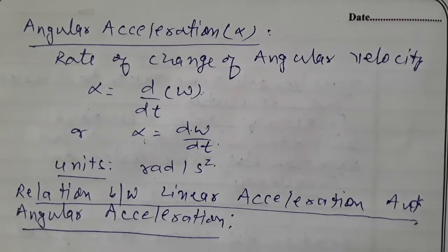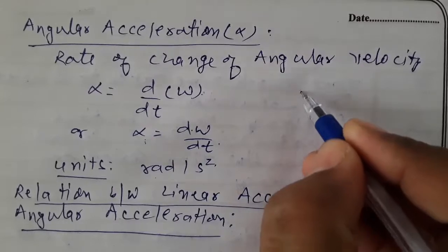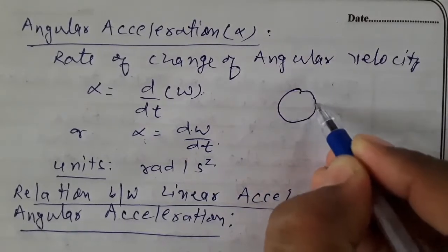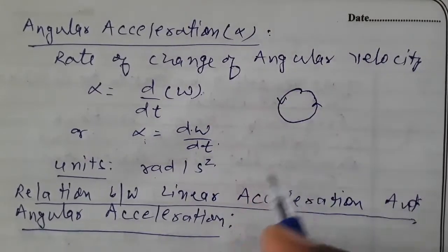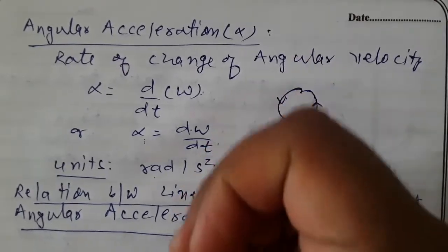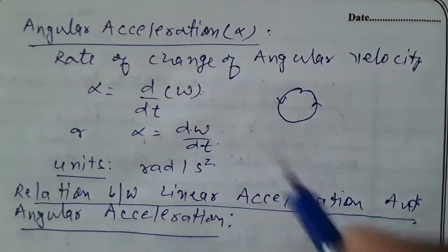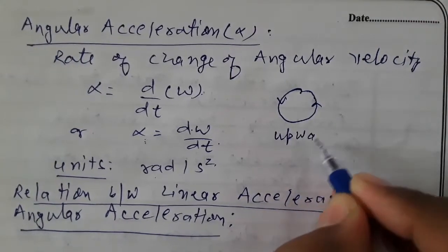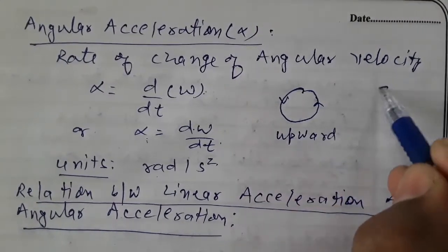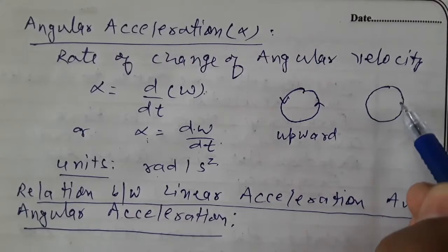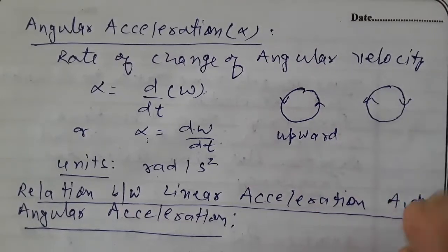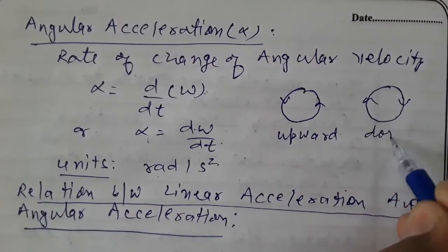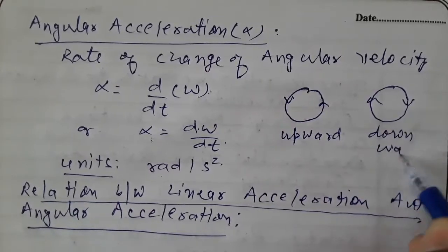If the object is moving anti-clockwise, the thumb points upward, so the direction of angular acceleration will be upward. If the object is moving clockwise, the direction of angular acceleration will be downward.